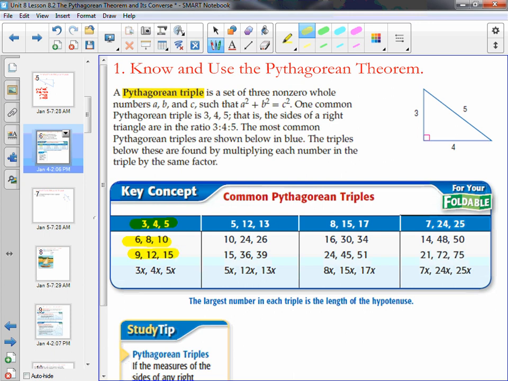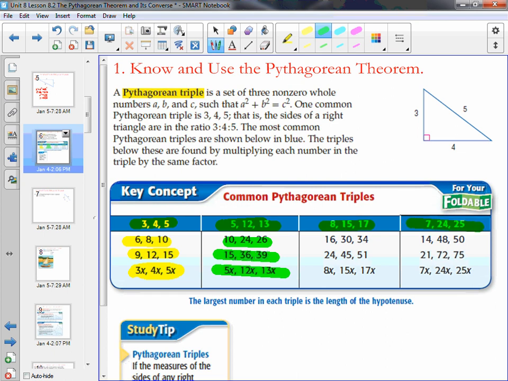So any 3, 4, 5 or multiple thereof will give us a Pythagorean triple. Well, 5, 12, 13 is pretty common. The multiples, I really wouldn't remember those. I might try to. I probably won't. And then you run into these others, I don't usually remember them.